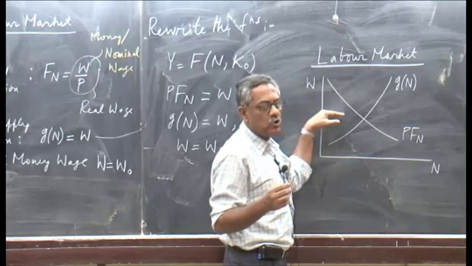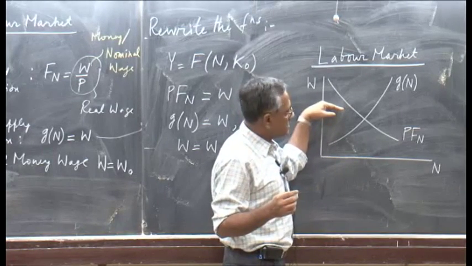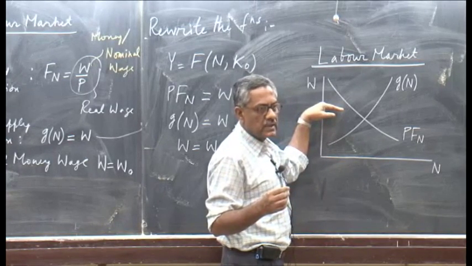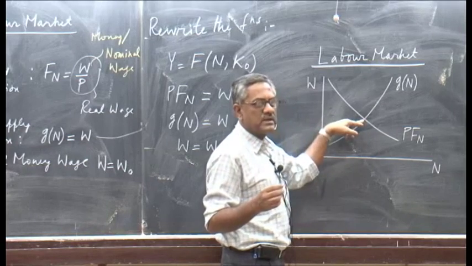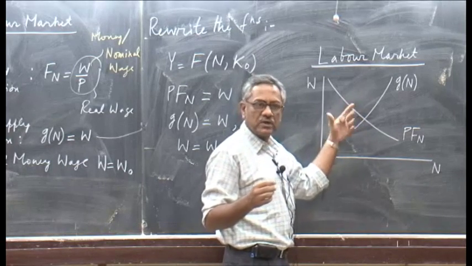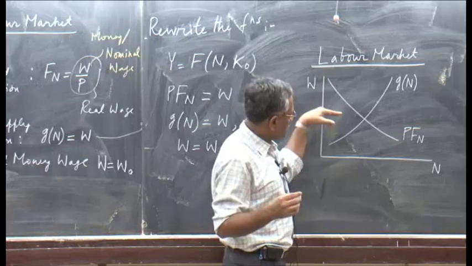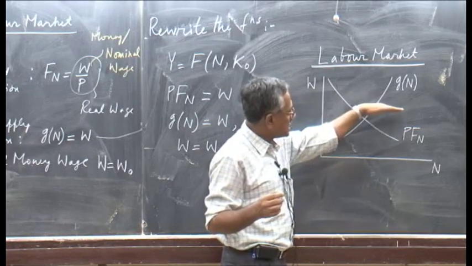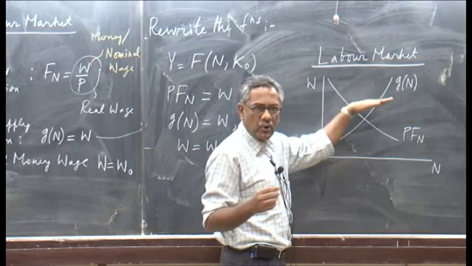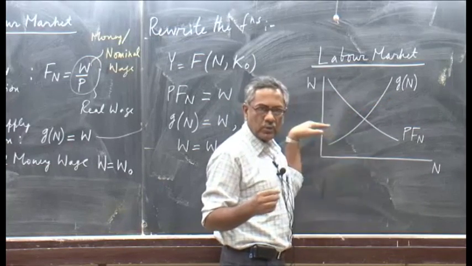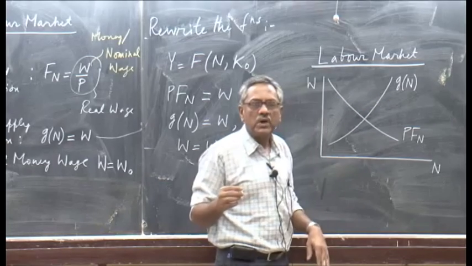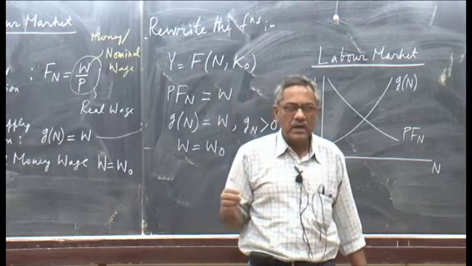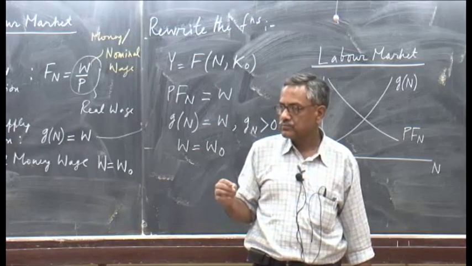W equal to W naught can create a disequilibrium. Accidentally it may hit the equilibrium point, but then as soon as any of the lines shift, you have a disequilibrium. But suppose it doesn't hit the point, then W equal to W naught can either be above the equilibrium point or below it. The question is, which one did Keynes say?